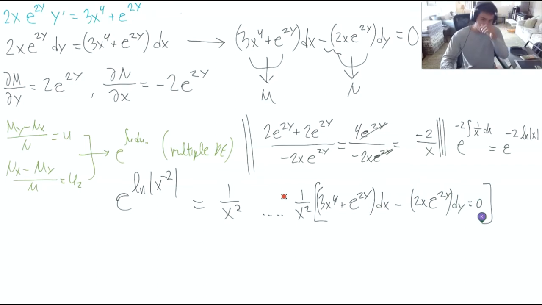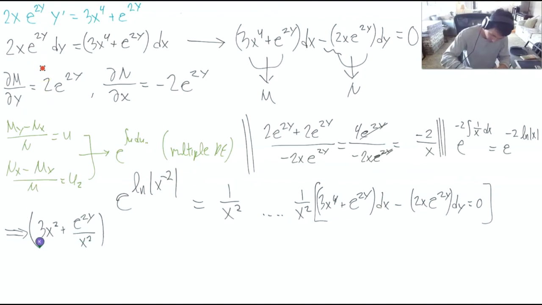If we multiply everything by 1 over x squared, what do we get? We get an equation that we can actually use the exact method on, as I like to say. We get 3x squared plus e to the 2y divided by x squared dx, then minus, and we're going to get 2 over x e to the 2y dy.